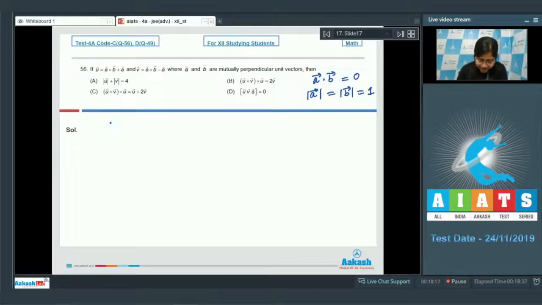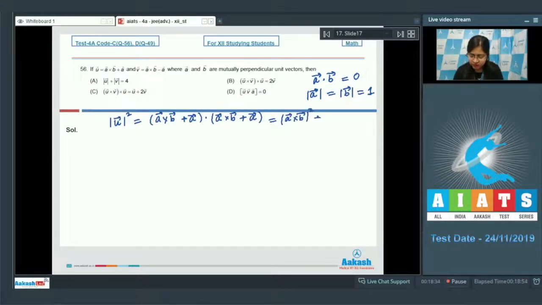Now here let us find firstly mod u whole square. So that is equal to a cross b plus a vector dot a cross b plus a vector. So this is equal to mod of a cross b whole square plus mod of a whole square. Now dot product of these two will be 0, so that can be cancelled.